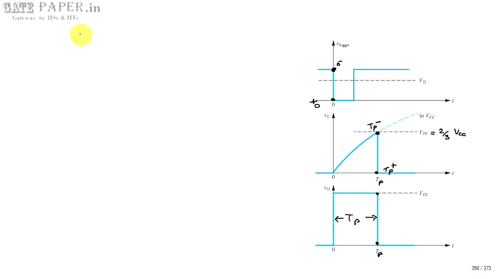To calculate pulse width, derivation for pulse width. For that, the capacitor voltage at any instant of time is Vc of t, which can be calculated using this equation.